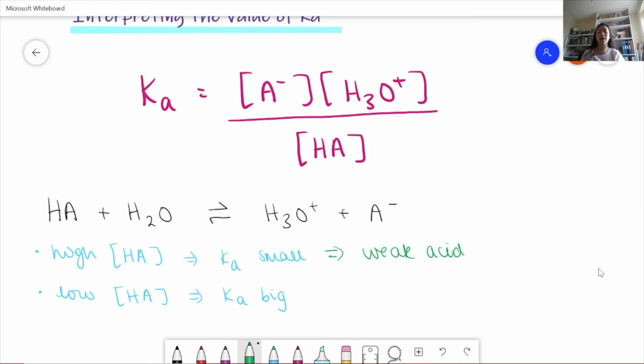So it's not protonated as easily. So it doesn't give away that proton as easily. And when we have a low concentration of HA, that means that the forward reaction has been very, very successful and protons have been given away. And so it is a bit of a stronger acid.